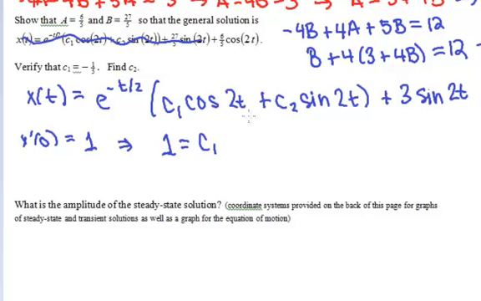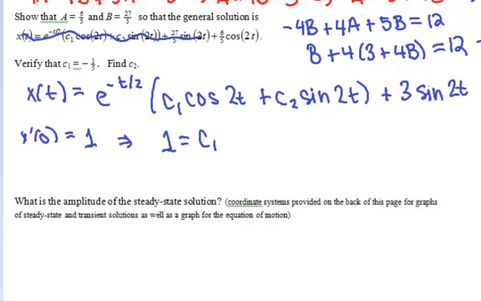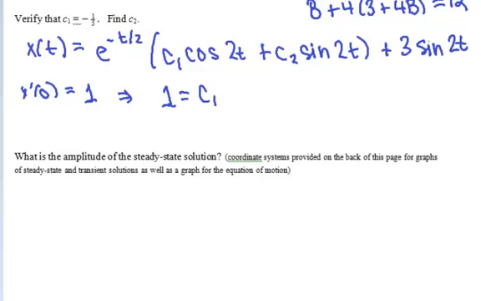And then to find c2, we would have to use the product rule to find c2 because we need to take the derivative of x. So x prime, here's our x.